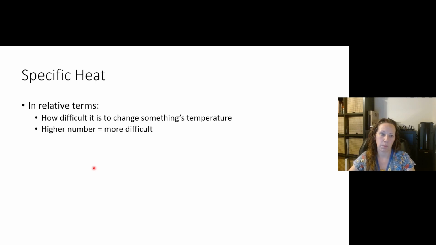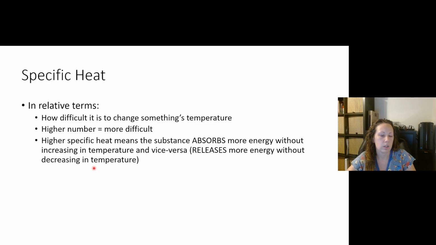A higher specific heat capacity means it's going to be more difficult to increase or decrease that substance's temperature. The higher specific heat means the substance absorbs more energy without increasing in temperature, and vice versa. So if we're trying to lower the temperature, it's going to release more energy without decreasing in temperature.